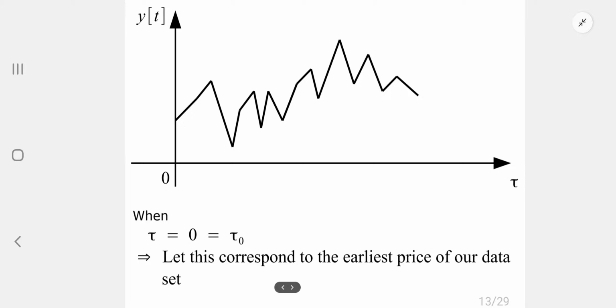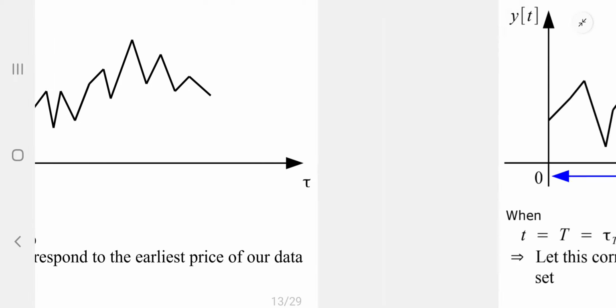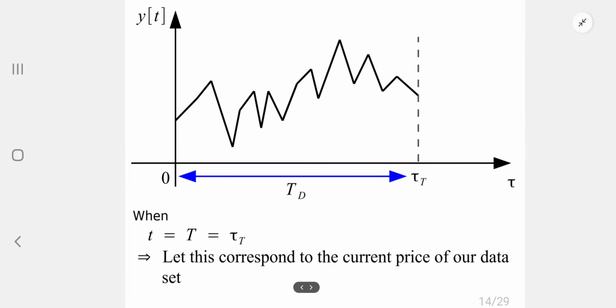When tau equals 0, which we'll call tau 0, let this correspond to the earliest price of our data set. When tau equals capital T, which we'll call tau capital T, let this correspond to the current price of our data set.